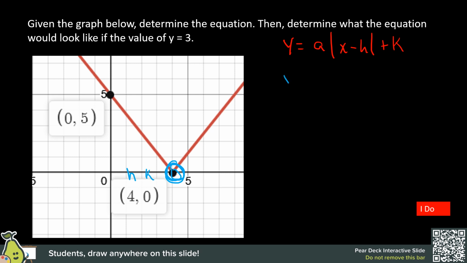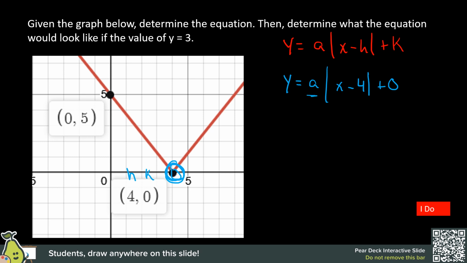So right now we would have y equals a absolute value of x minus 4 plus 0. Okay, not a big deal there. And you can actually get rid of that 0 if need be. Now, what about a?